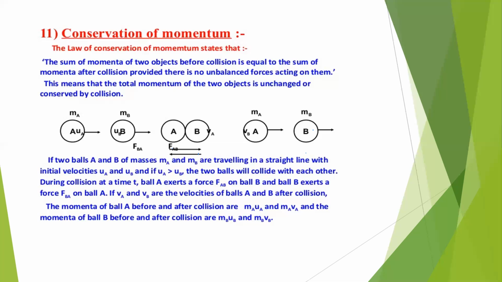It will be at rest only. So unbalanced force in the sense, when unbalanced force is acting, the body will change its position, right? So unbalanced force will change the position of the body here.